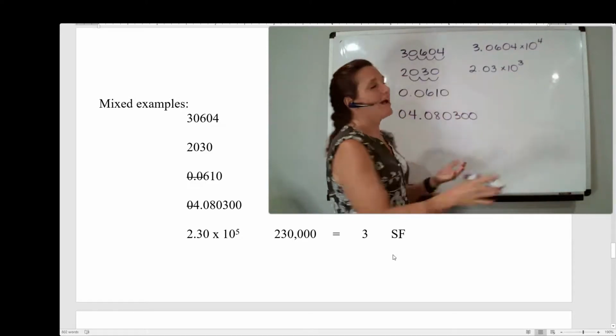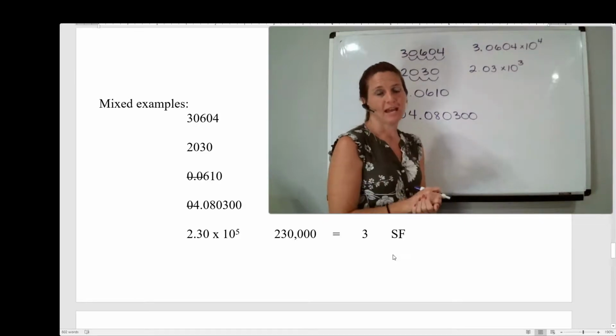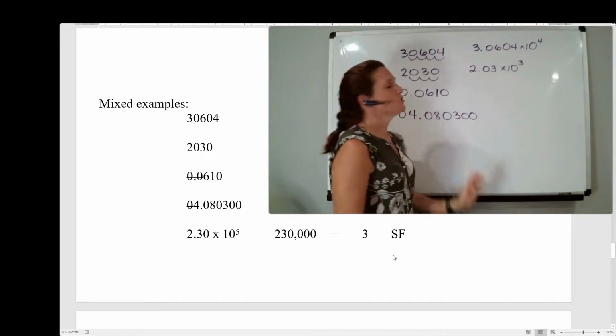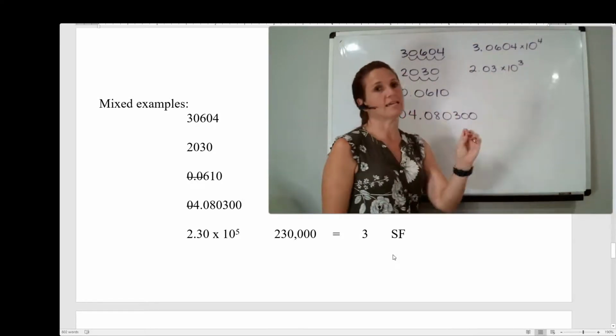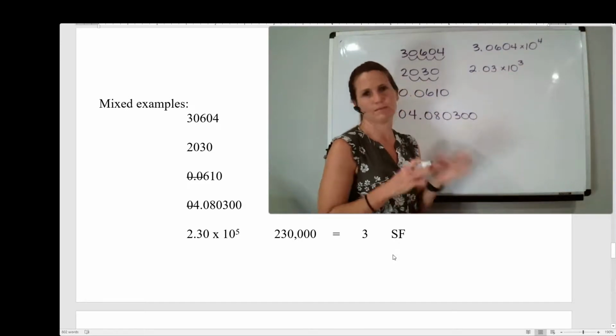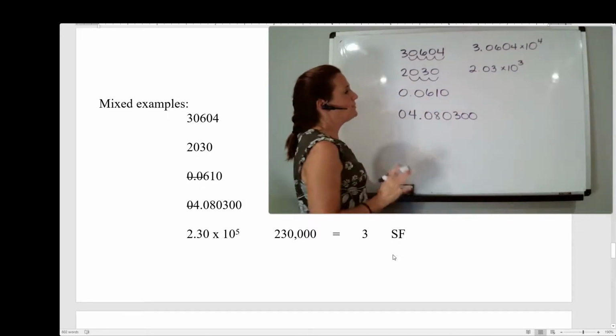Imagine if I owed you $2,030 and I was like, well, let's just make it an even 203. That won't work, right? I need to make sure I keep my place values, that that number stays 2,000 and doesn't become 200, okay?